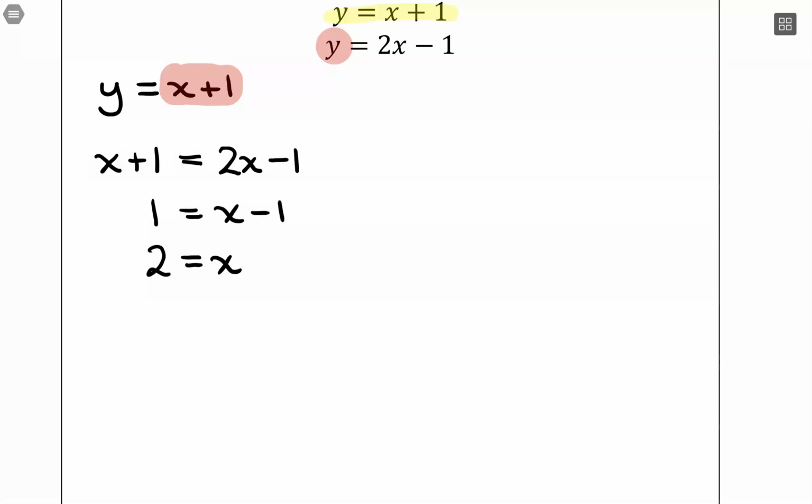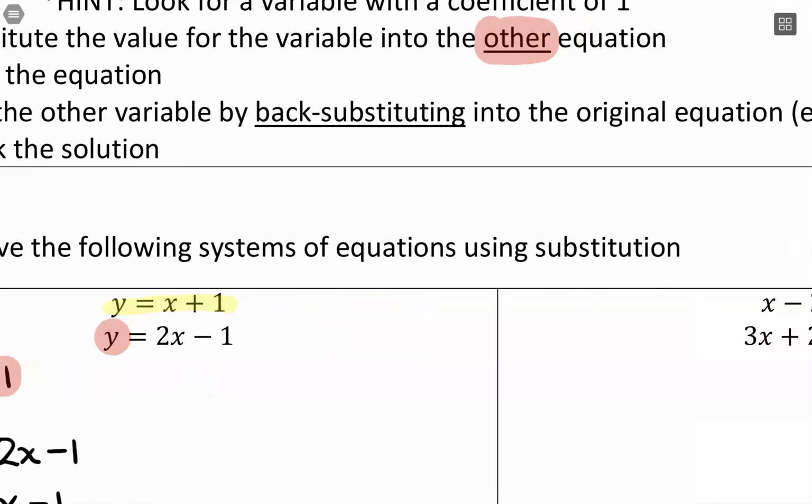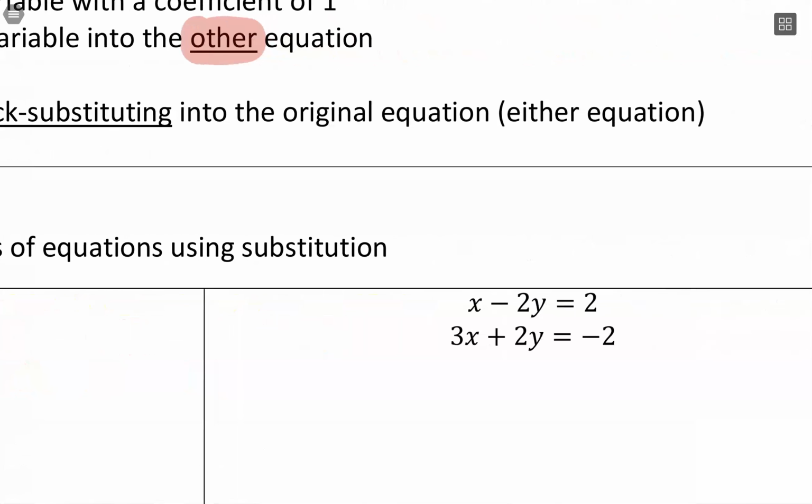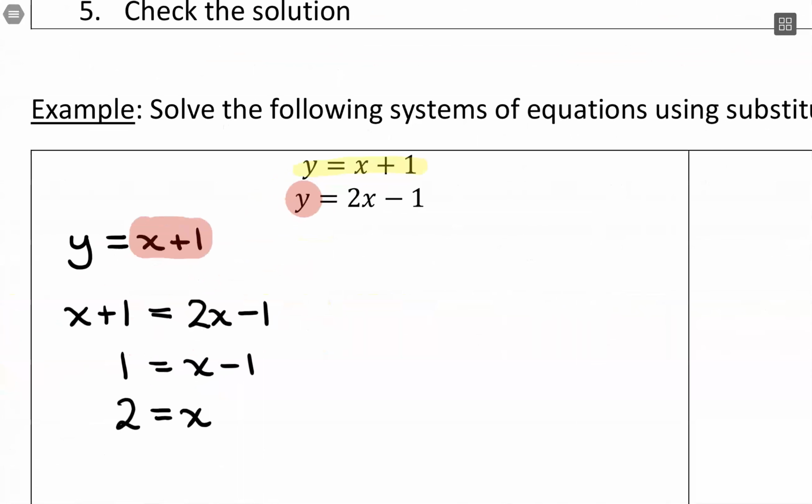So I know part of the solution. Then in step 4, find the other variable by back substituting into the original equation, or really either equation. I now know that x is equal to 2, so to solve for y, I can plug 2 into the first equation or into the second equation.